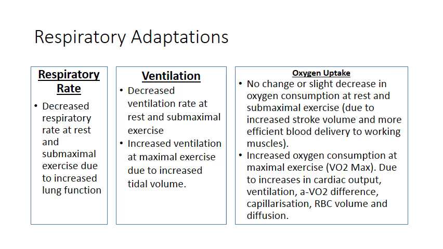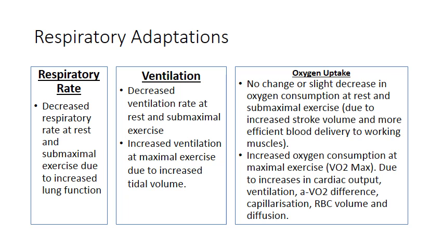So if you think pre-training, you've got a certain tidal volume at max intensity and your max respiratory rate. Post-training, your max respiratory rate has not changed, but your tidal volume has increased. Therefore, ventilation being the combination of respiratory rate and tidal volume, it gets larger.